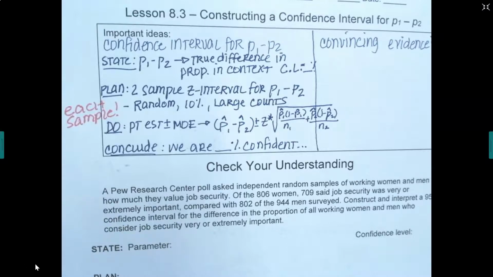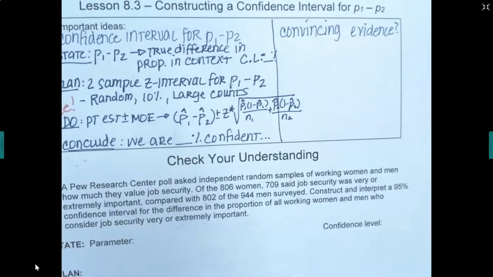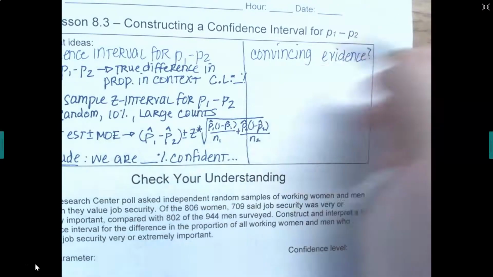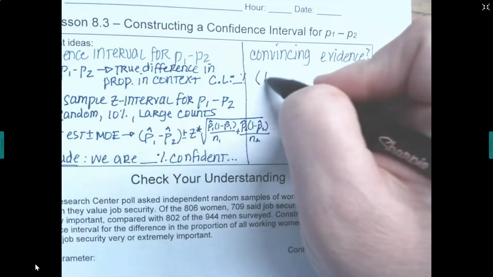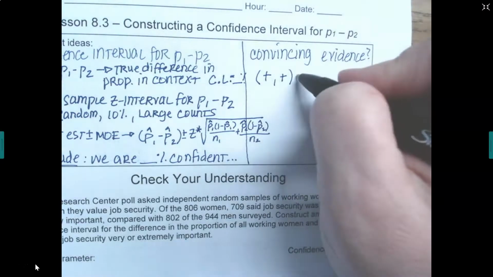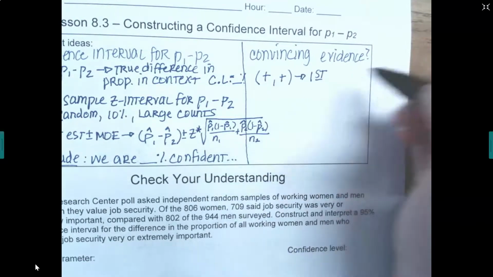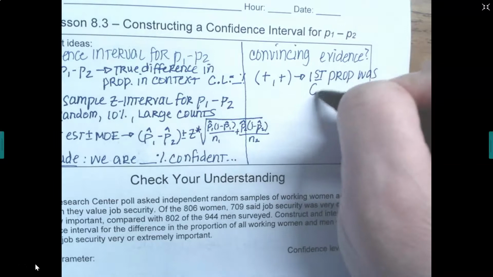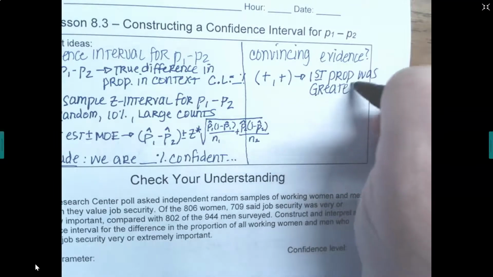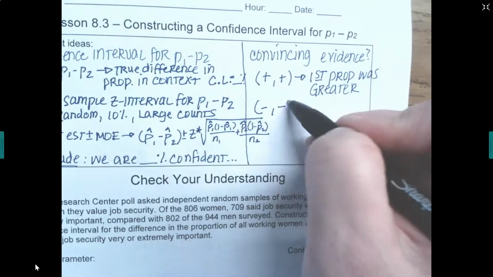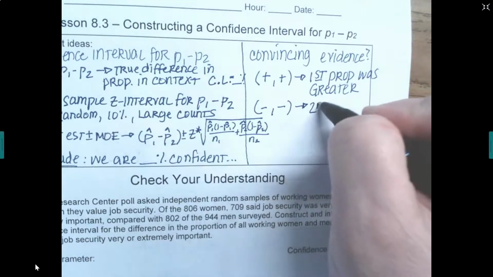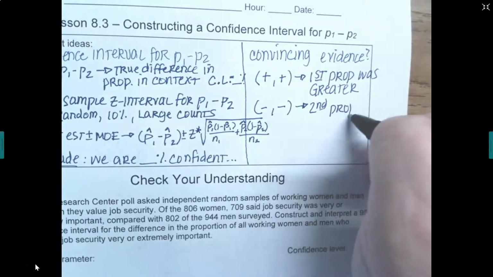All right. The other part that I wanted to make sure you walk away with is when follow-up questions ask if you have convincing evidence. It depends on the question, but if your answers are both positive, that means your first proportion was greater. If you have two negatives, if your interval is a negative number to a negative number, that means the second proportion was greater.